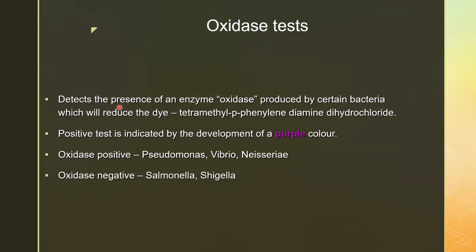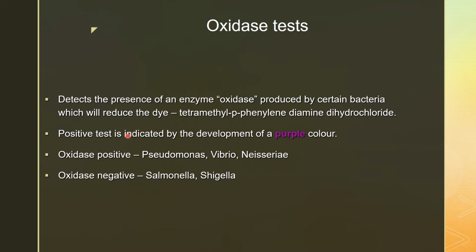Oxidase test is used to detect the presence of an enzyme known as oxidase. It is produced by certain bacteria which will reduce the tetramethyl p-phenylene diamine dihydrochloride.